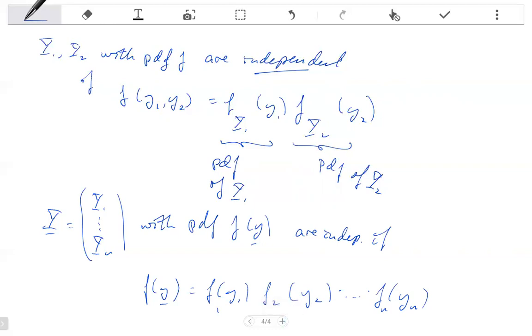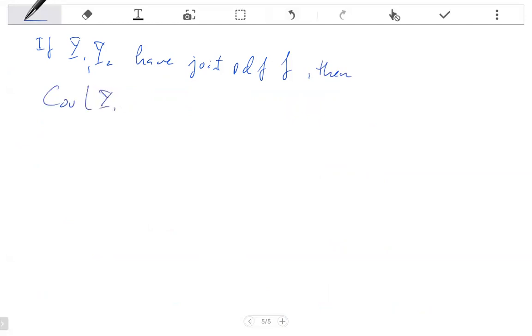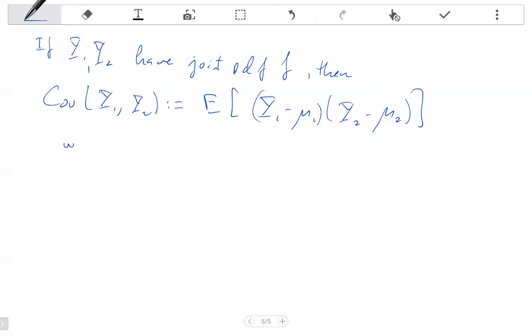And now, what I want to add to this is, for two variables, if y1, y2 have joint PDF f, function of y1 and y2, then we define the covariance between y1 and y2 to be the expected value of y1 minus the mean of y1 times y2 minus the mean of y2, where mu1 is the expected value of y1.